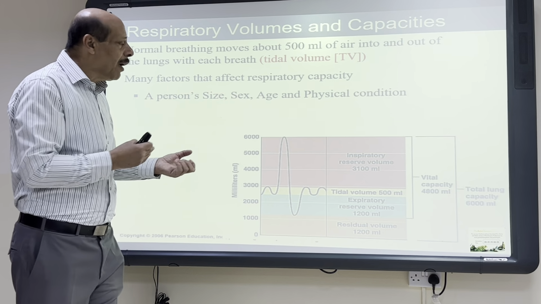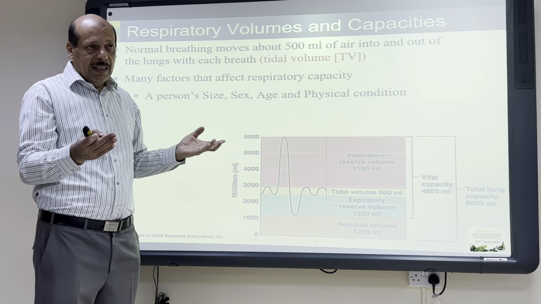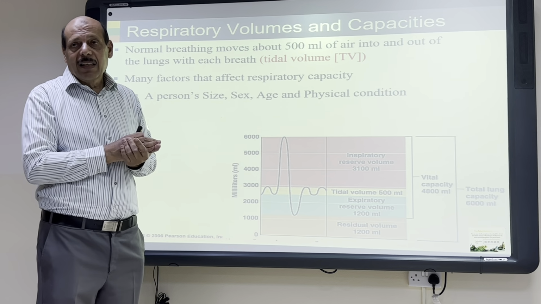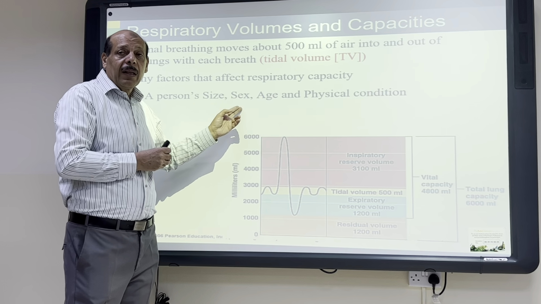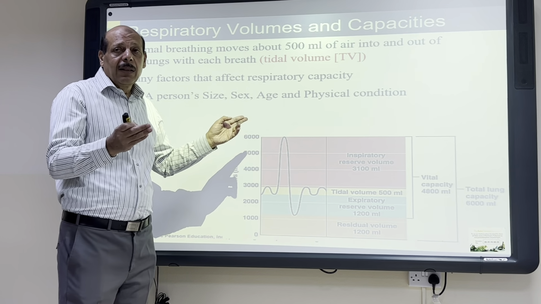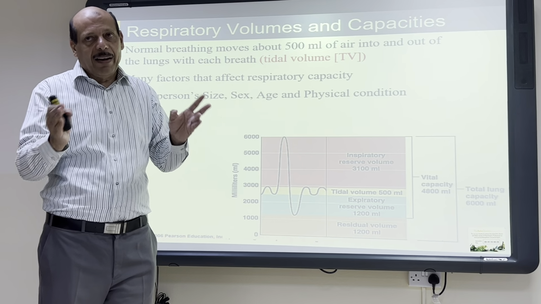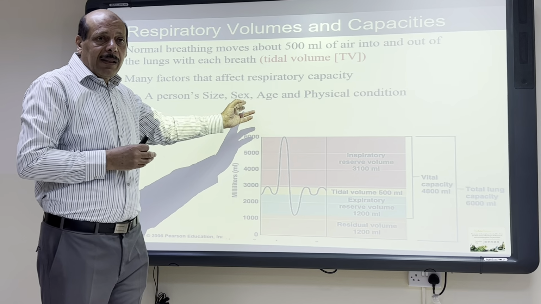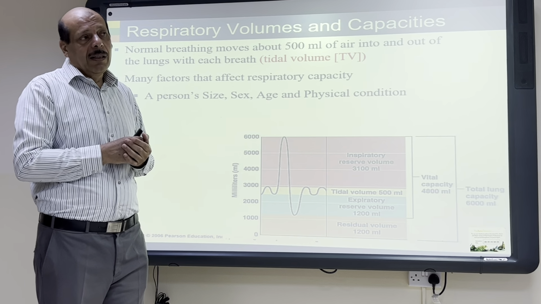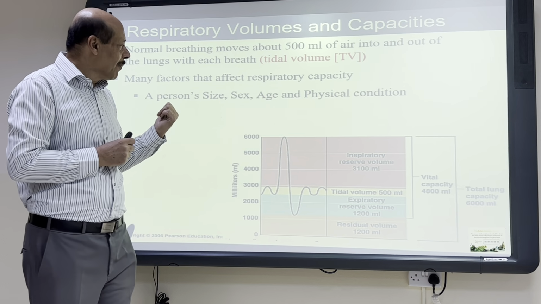So there might be variation of lung capacity according to the size of the person. Also, sex. You know that the body build of females is mostly smaller than that of males. So their lung capacity might be less than males.